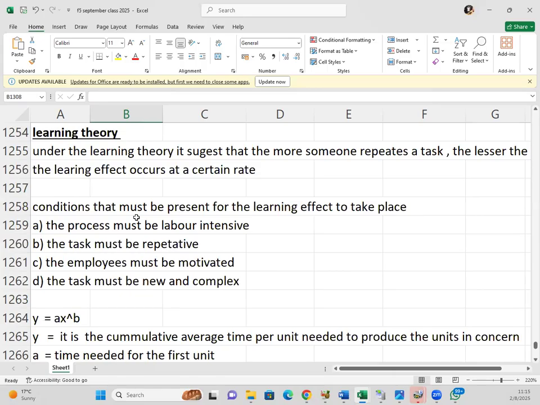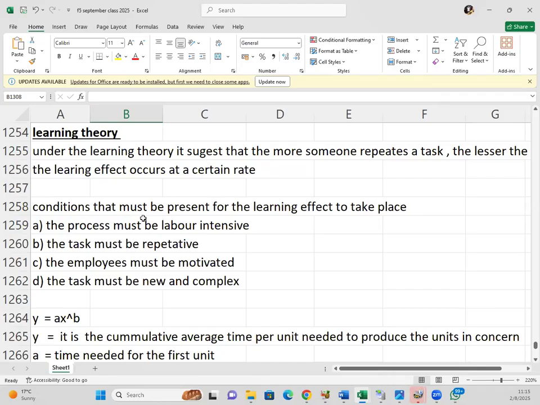So you end up taking less time, but this task must be a complicated task, and it must be performed repetitively. So we did look at some of the factors that we need to consider for us to have what we call the learning effect.